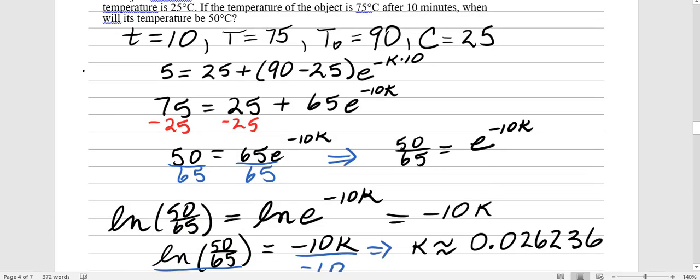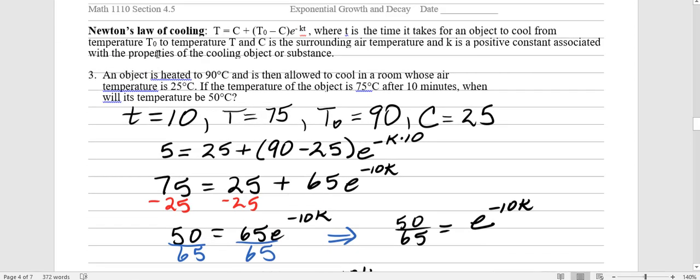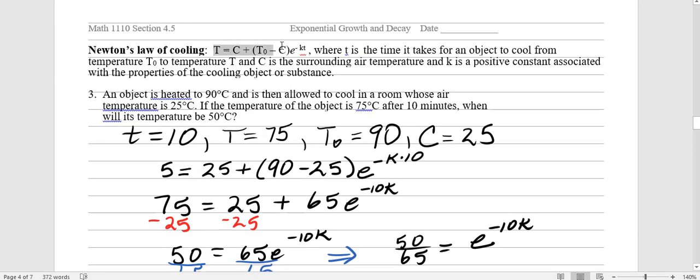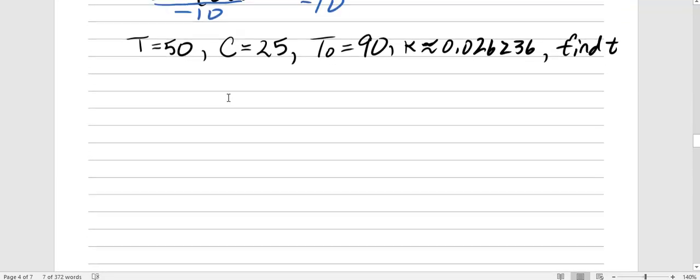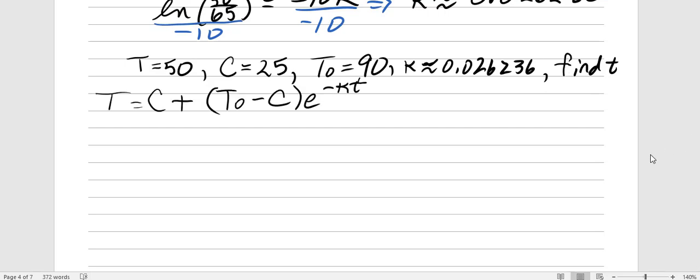All right, so that's my problem, and I am going to take the formula and just use it. Right, so we're going to replace T with 50.